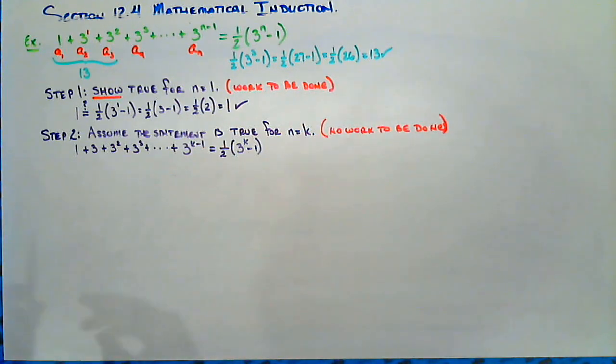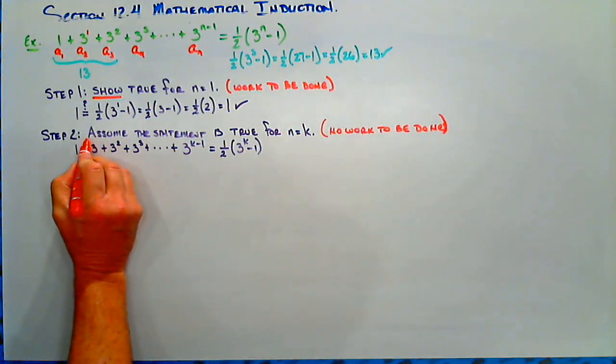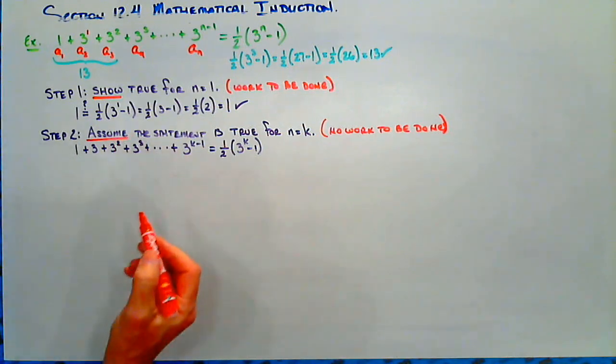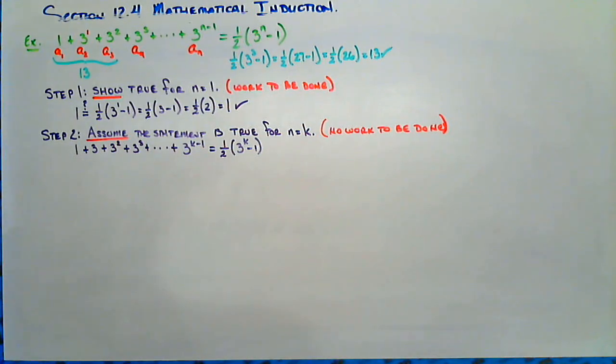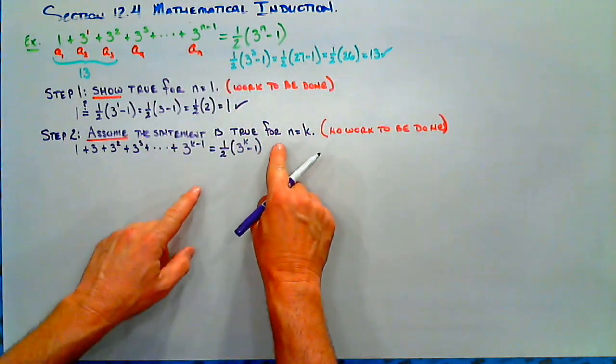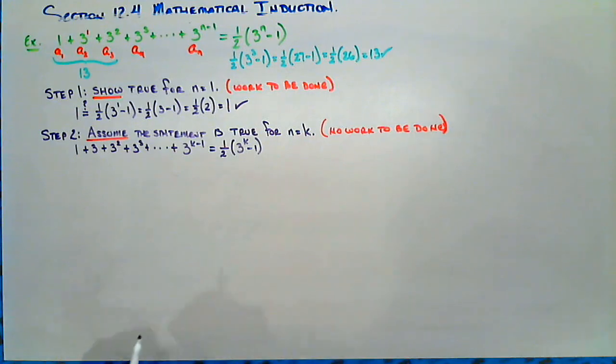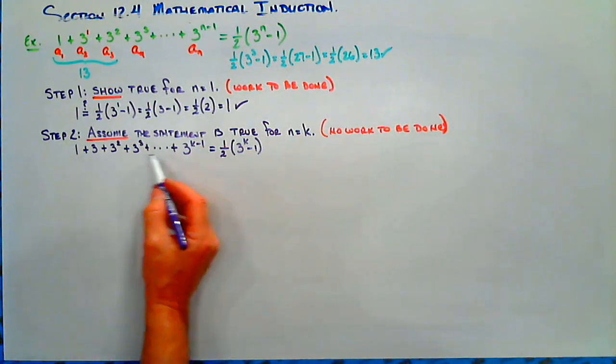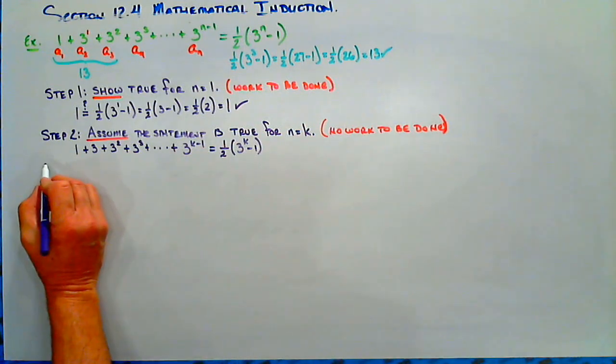Now we're done with step 2, right? That's the great thing about step 2. Step 2 is just assume. It doesn't say to do anything. We just rewrite our given problem assuming the n has been replaced with k. Now we're going to need this in step 3.